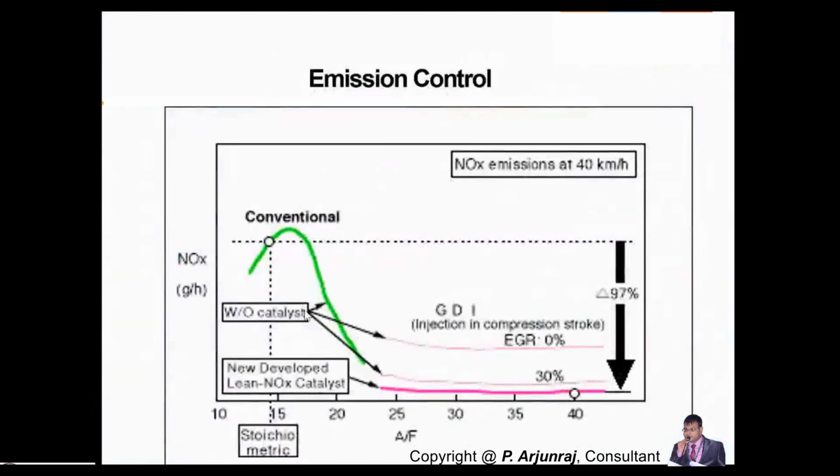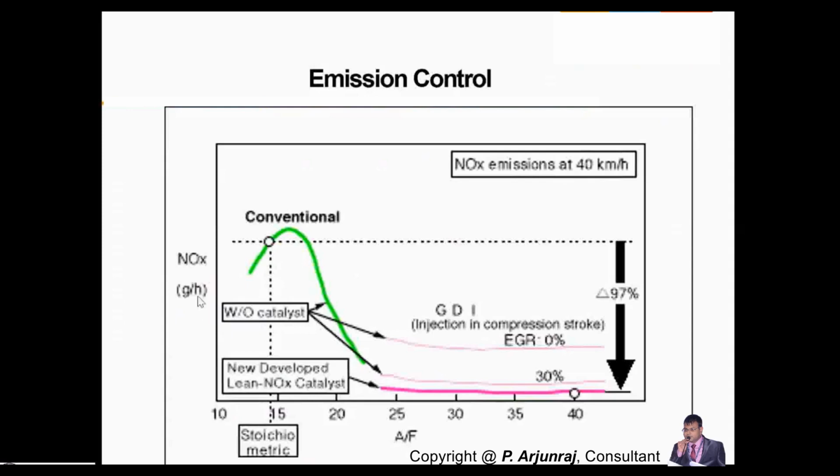And from the emission point of view, again you are going to get lesser emission for GDI when compared to the multi-point fuel injection, with respect to different air fuel ratios. This is the stoichiometric point where you get the right amount of air fuel mixture. So this is the emission with respect to NOx.